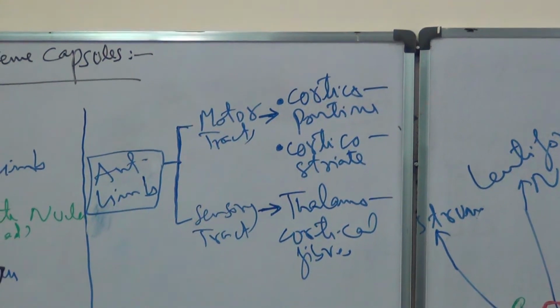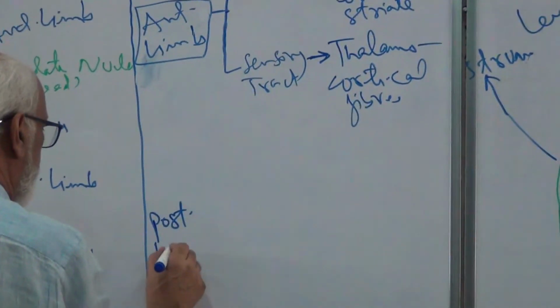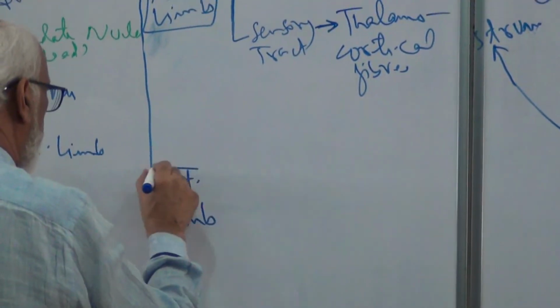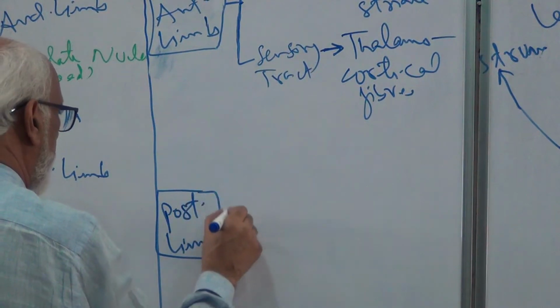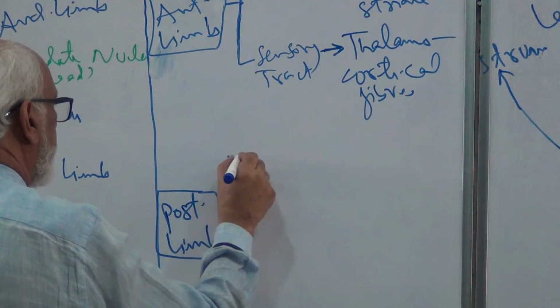Next, which tracts pass through the posterior limb of the internal capsule? Again, motor and sensory tracts.